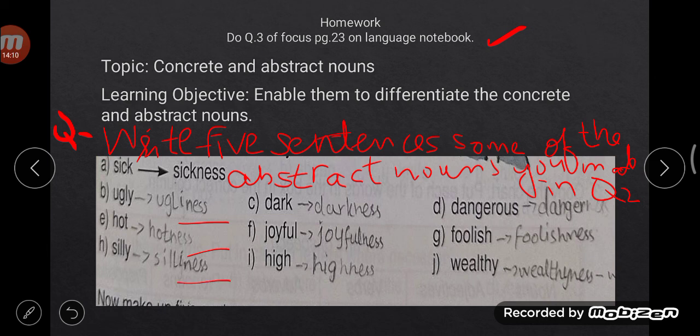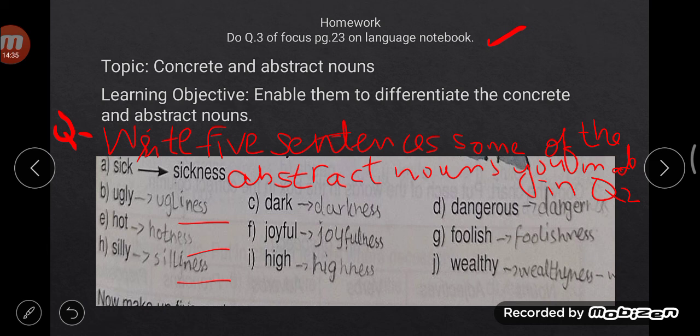You will just pick any 5 abstract nouns from question number 2 that you have done, and then you will use them in your own sentences while writing in your language notebook.